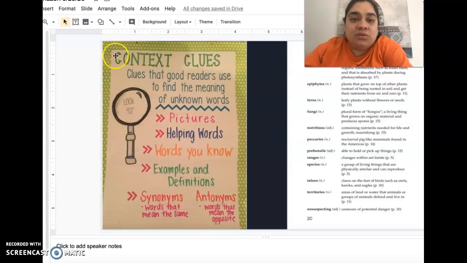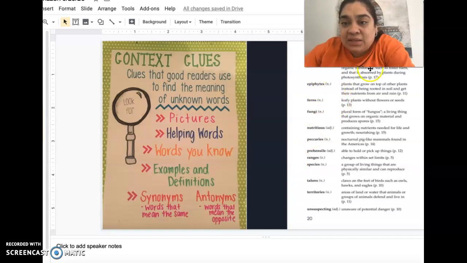We're also going to review context clues. Remember, context clues is what a good reader uses to understand the meaning of the content and understand words that we're not sure of, and pictures will help us too. So let's look at our vocabulary words.